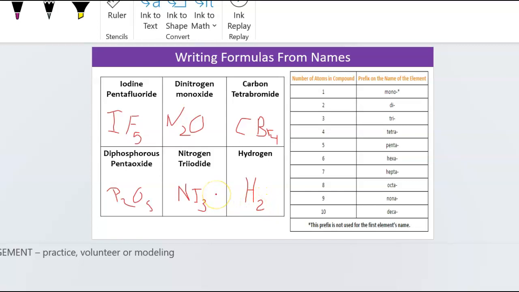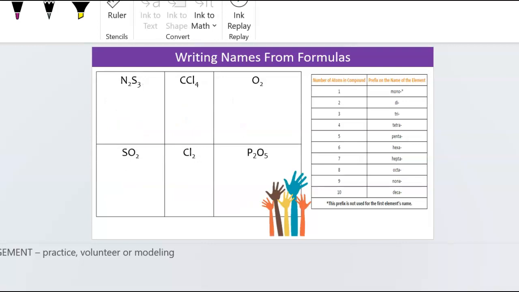So that's it for the rules going from names to formulas. Let's see if we can try going from formulas to names. Here's some practice for you. Pause the recording here and see if you can name all of these. All right, I'm going to flip to the next slide so you can check your answers.